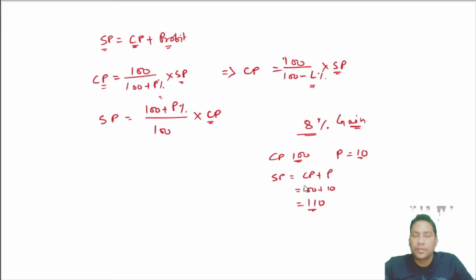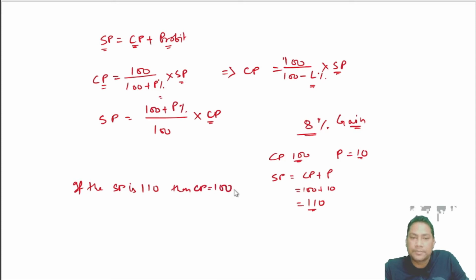So now we have the cost price of 100, selling price of rupees 110 and profit of 10% on 100 rupees. Likewise, if the selling price is 110, then the cost price is 100 rupees.